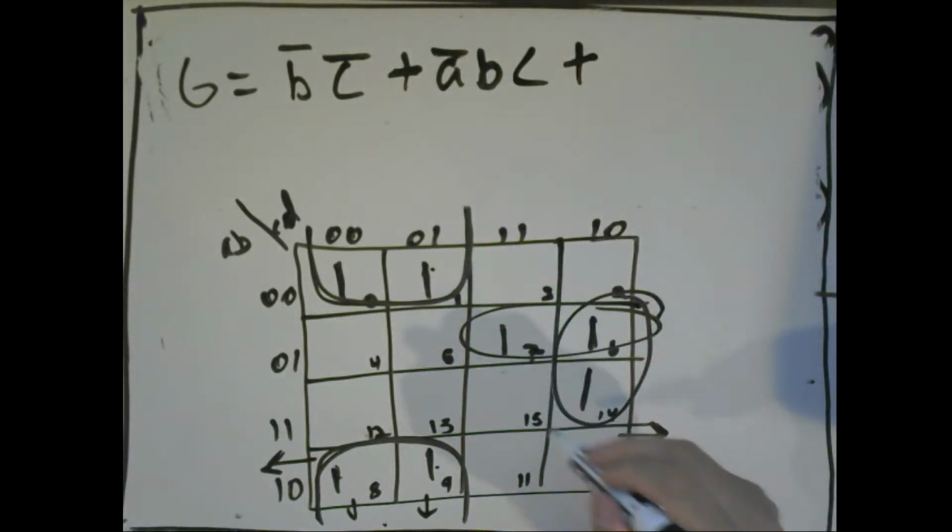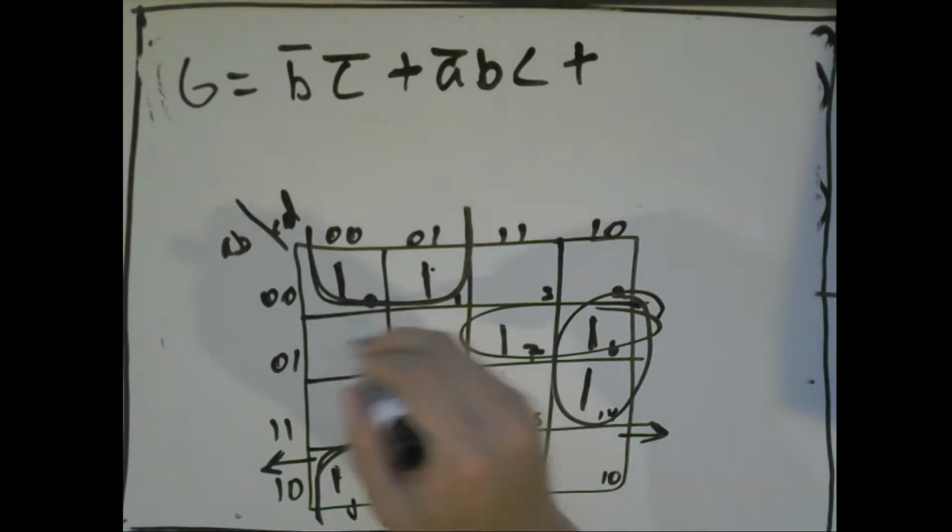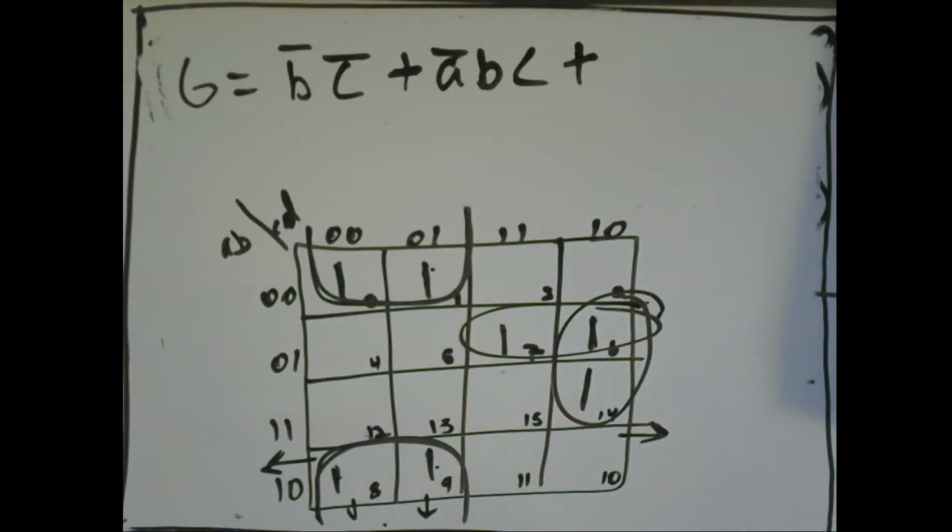Let's go down to this grouping right here. You omit the changing variables. If a variable is changing in your prime implicant, you're not going to include it. That's how the K-map simplifies terms. It's dropping those.